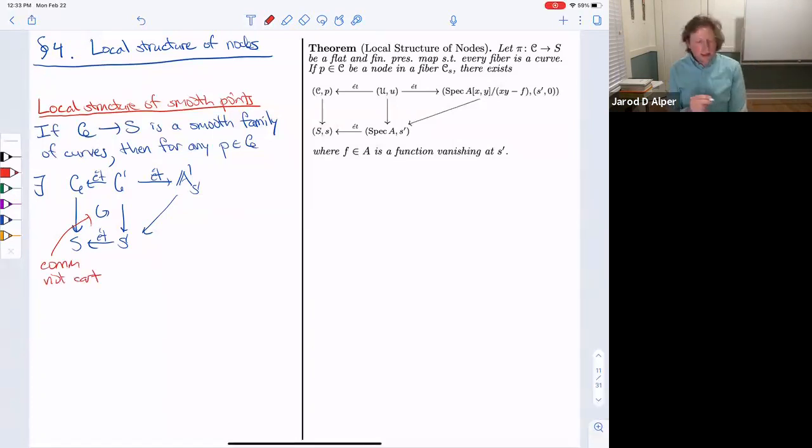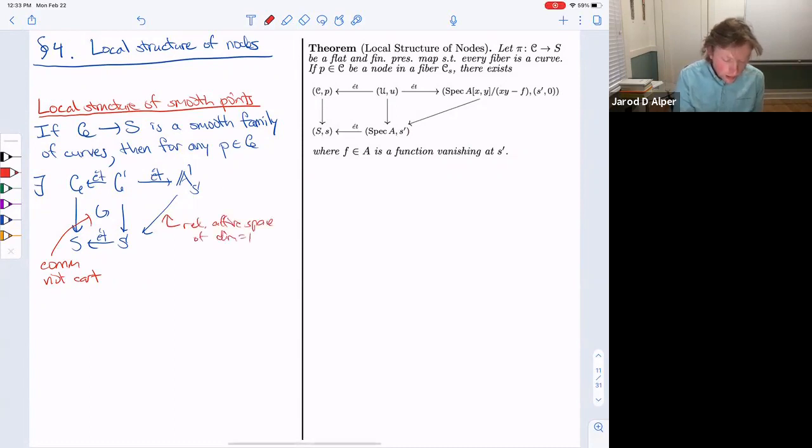This is a statement that's étale local, so you have to take étale covers both on the base and on the source. But then C' is étale over A^1 over S, and so this is relative affine space of dimension 1. And it's also the pullback of the map from A^1_Z over Spec Z.